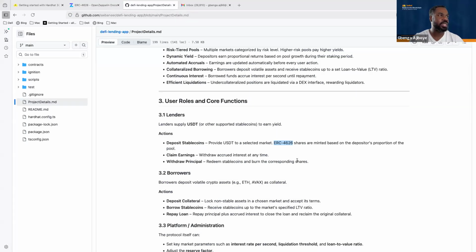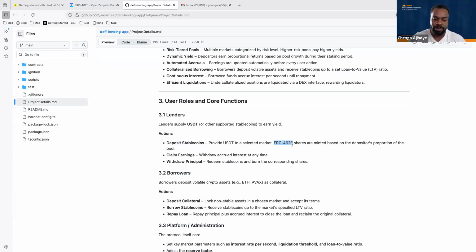At the moment, what you need to know about ERC 4626 is that it mints shares. A share is like a token. It means shares that are based on the quantity of the pool that you hold. I'll give you an instance. Maybe Ibrahim decides to be the first person to join this pool, and Ibrahim deposits $1,000.